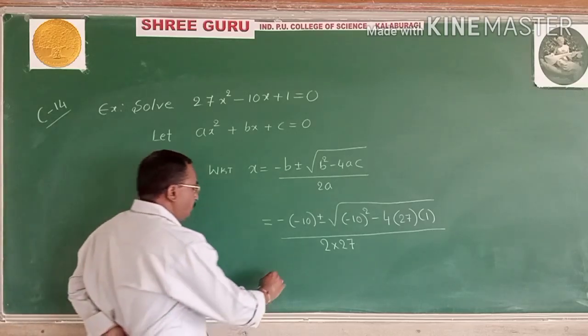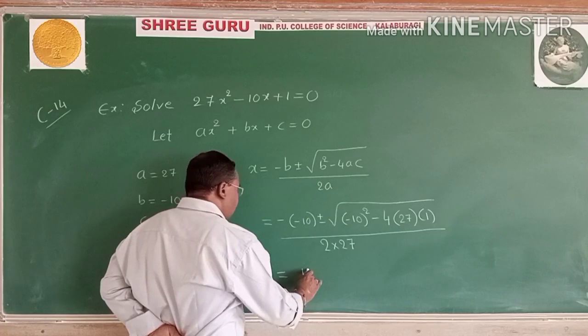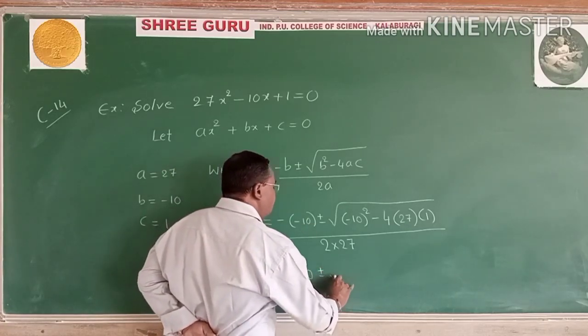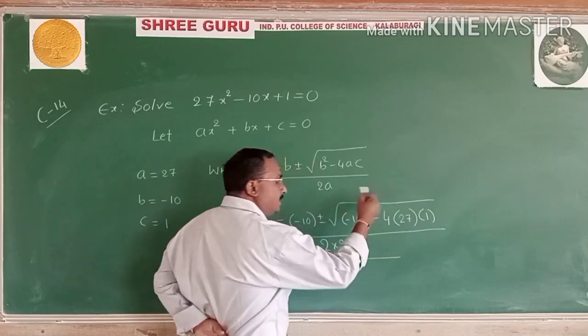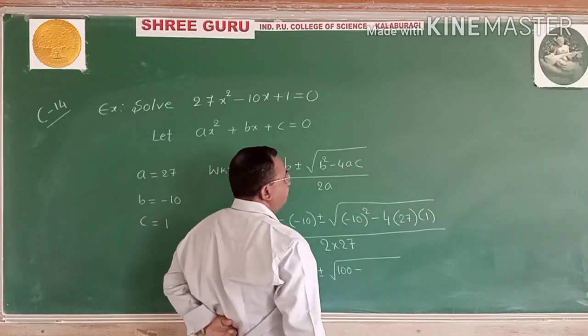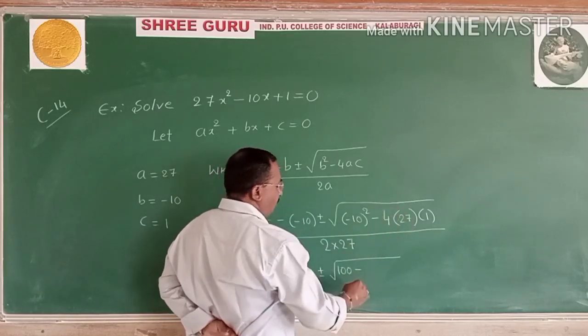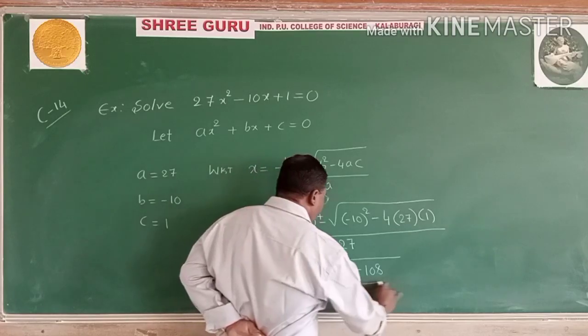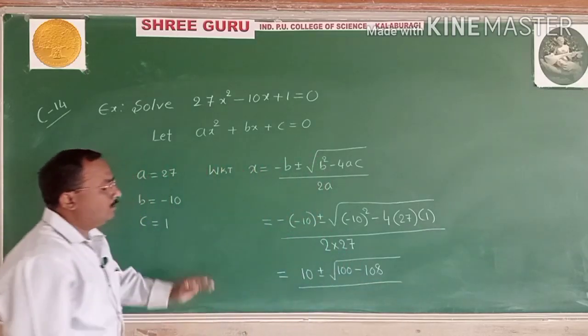Is equal to minus minus plus 10, plus or minus, negative square always positive, 10 square 100 minus 4 into 27 is 108, divided by 27 into 2.